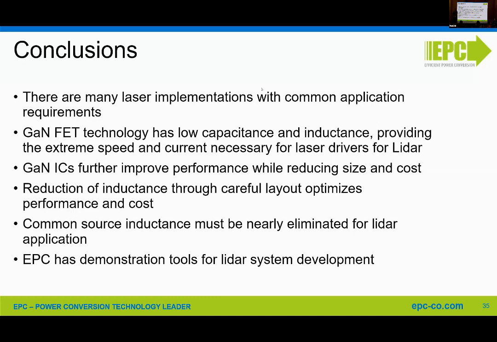Second question is, do we have any plan to do some multiple channel GaN IC, not a single IC? Multiple channel ICs, we have the capability. Today, we don't have a plan. We can do it if we have a good business case.